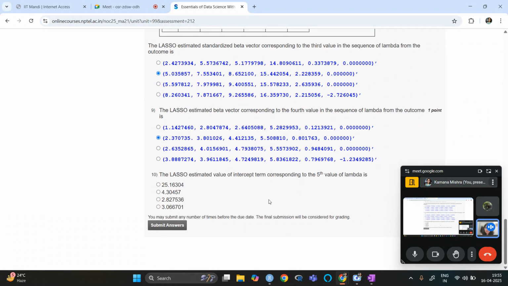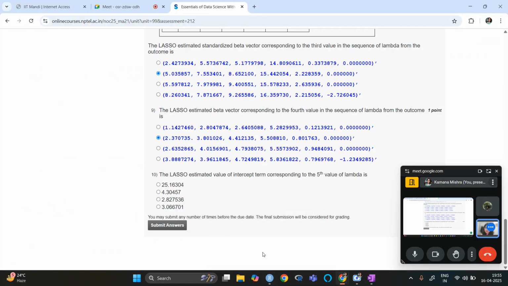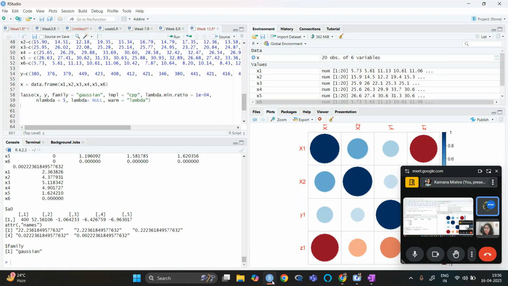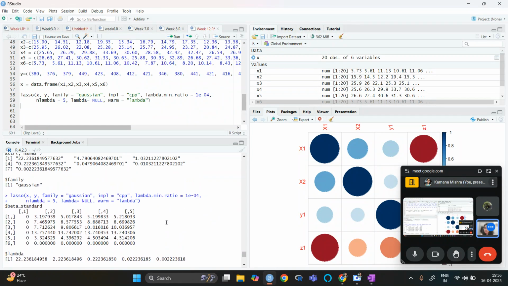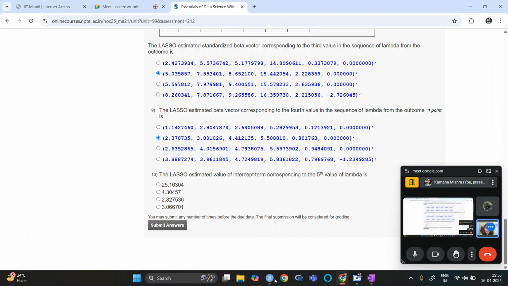And what is the lasso estimated value of the intercept term for the fifth value of lambda? So the intercept term is a naught. 4.30 it may be.